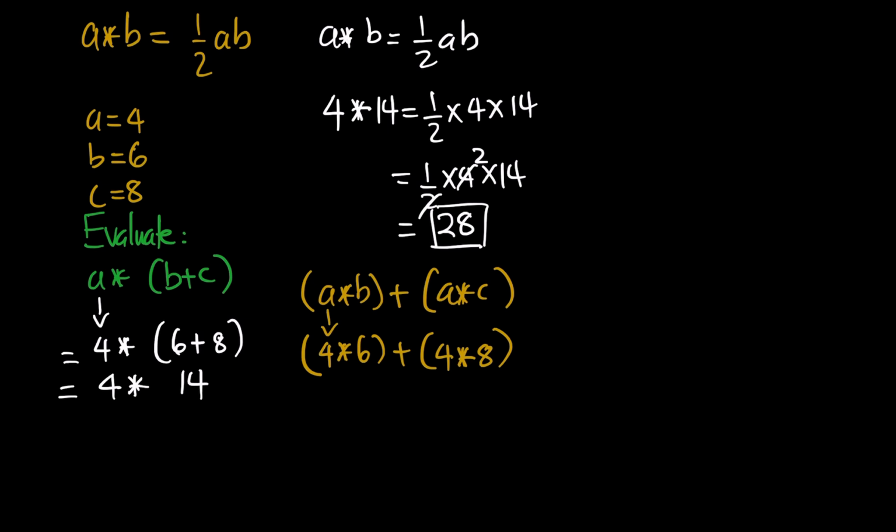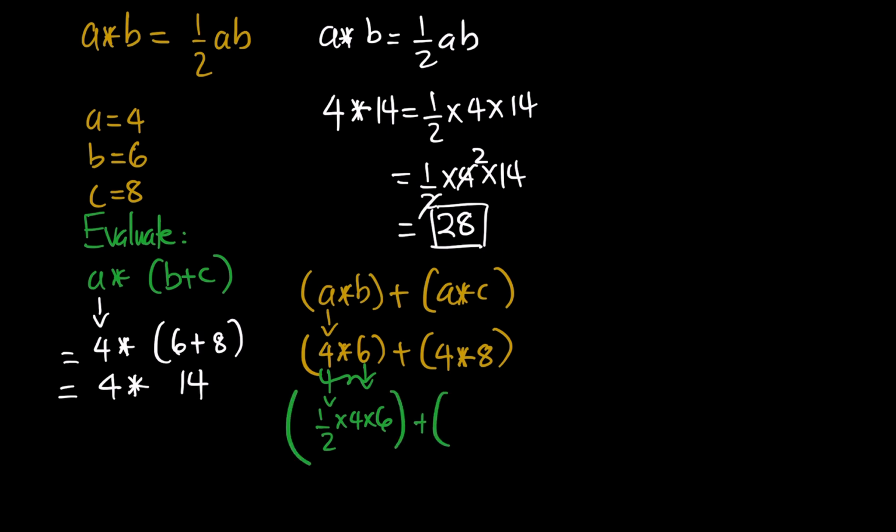Let's do this separately. Our A is 4 and these are going to be our B. And we know it's supposed to be half of AB, right?